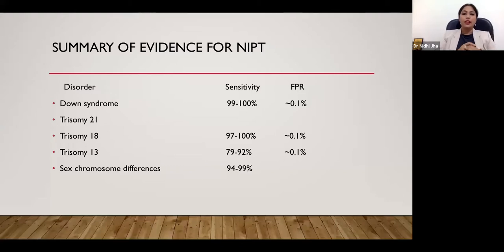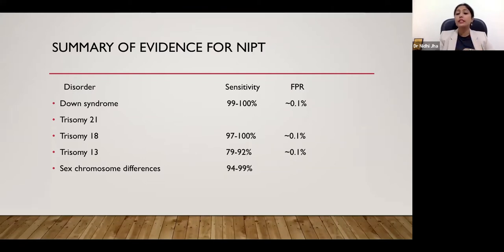Summary of evidence for NIPT. How sensitive it is and what the false positive rate is. For Down syndrome, it's 99 to 100% sensitive, and the false positivity rate is only 0.1%. For trisomy 18, it's 97 to 100%, and the false positive rate is 0.1%.